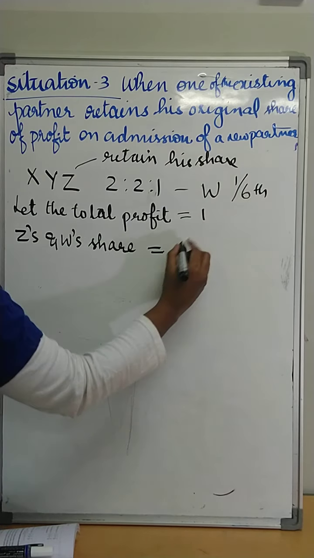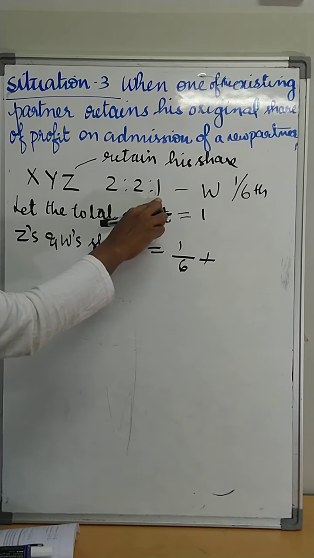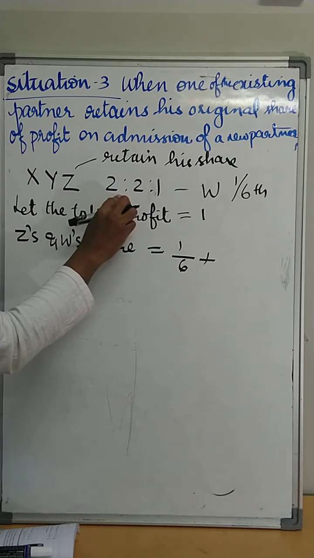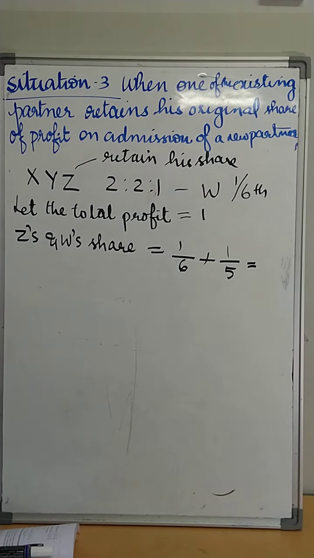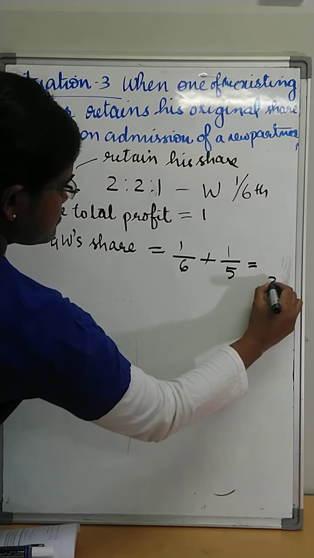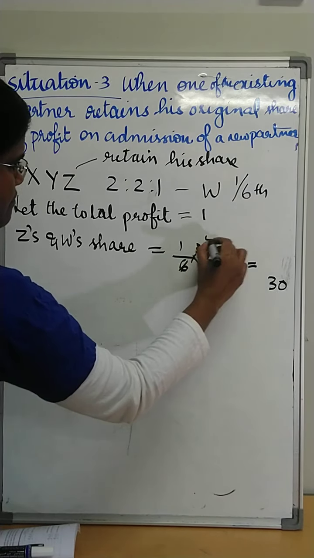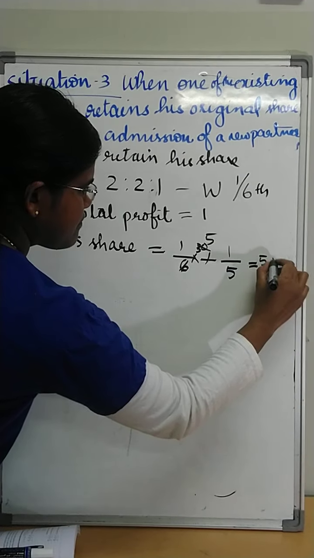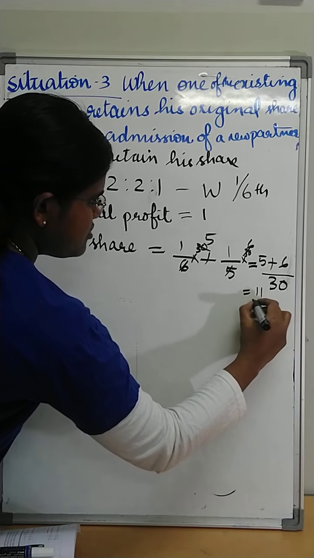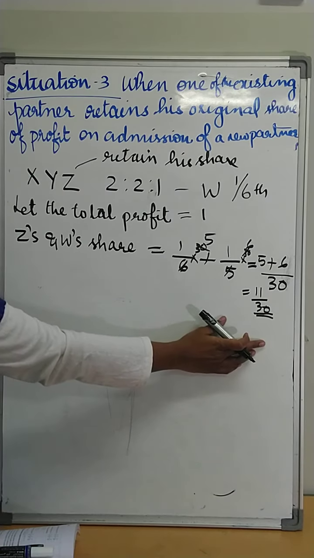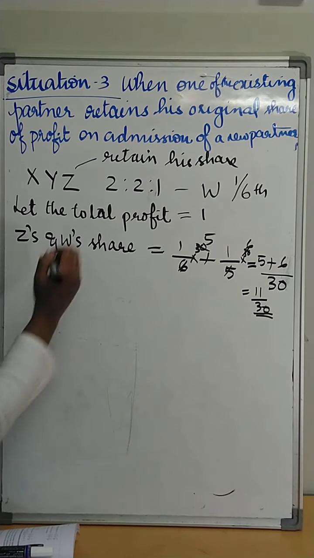W's share is 1/6 and Z's share is 1/5, right? 2 plus 2 plus 1, so 1/5 is Z's share. So the total share of Z and W is 11/30. This 11/30 we should reduce from 1.